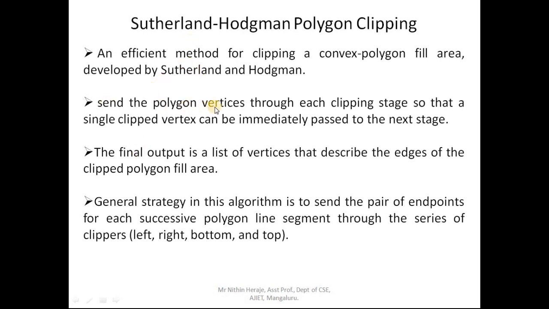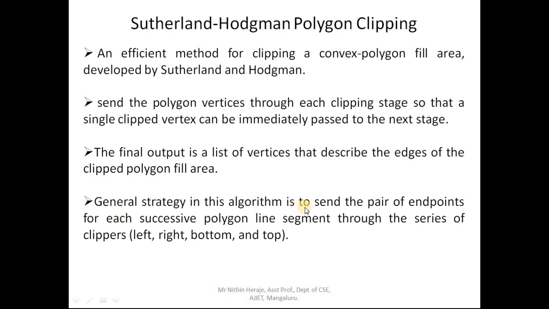Send the polygon vertices through each clipping stage so that a single clipped vertex can be immediately passed to the next stage. This we have already seen. The final output is a list of vertices that describe the edges of the clipped polygon fill area.